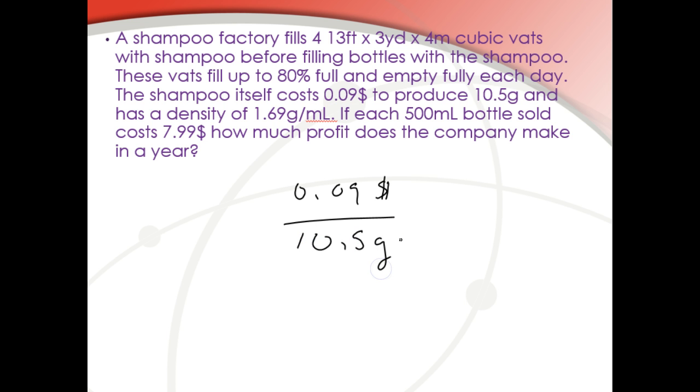So using that, I can get my cost per day, and then I can multiply that by 365, or I can figure out how many bottles I have. There's just a lot of different ways to approach the problem, but the point is, approach it logically, one step at a time, and it's really not that bad to get the answer.